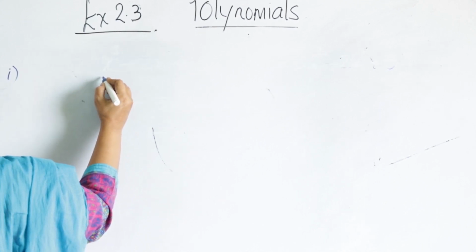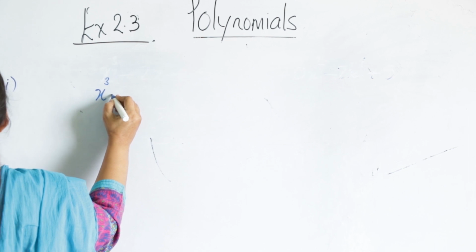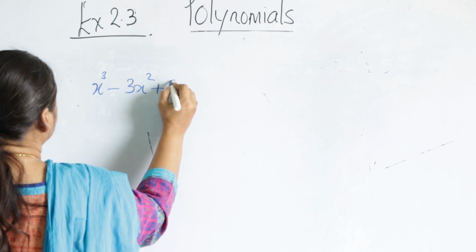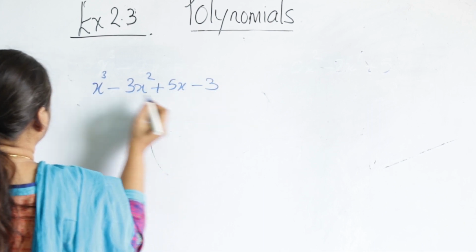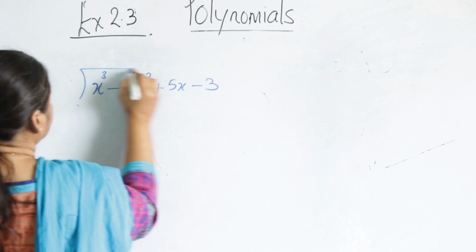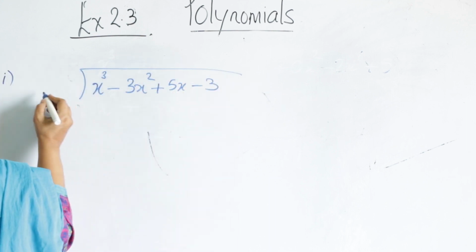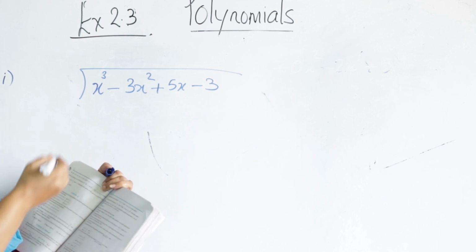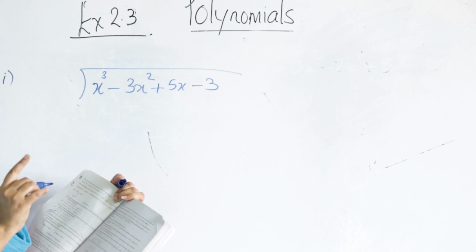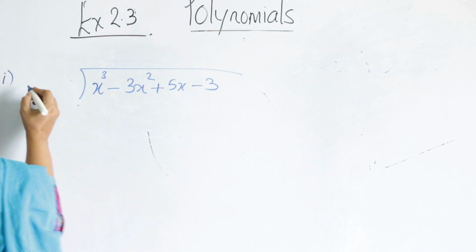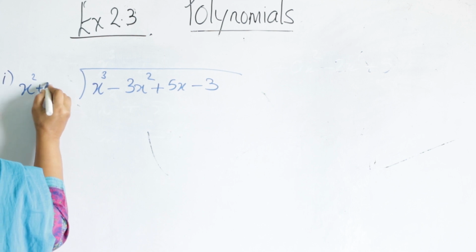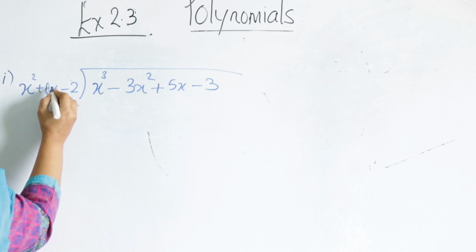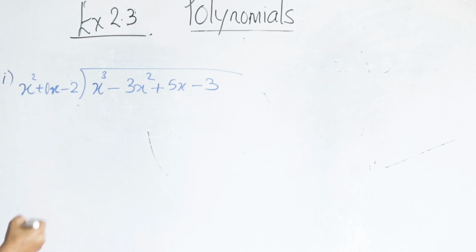Now p of x should always be written like this here, minus 3x square plus 5x minus 3, and g of x is written here. Now g of x, what they have given here is x square minus 2. So x raised to 2 is there, but x raised to 1 is not there. So let us arrange it in the standard form, x square plus 0x minus 2. Yes, so we have it in the standard form which reduces errors.